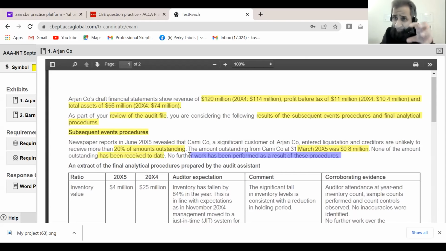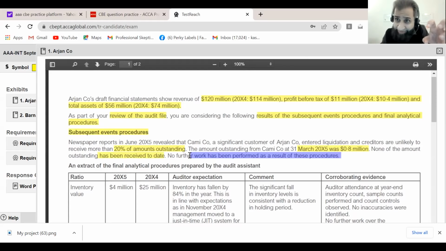Once we came to know from the newspaper that Chemi and Company, a significant customer of Urgent, is in liquidation, we need to recognize a bad debt of 80% of the total amount. We need to write off 80% because we will not be receiving that. No further work has been performed as a result of these procedures.